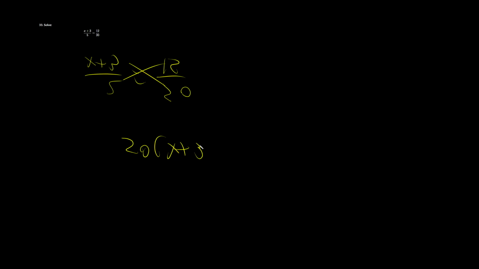Unit 1. Okay, we have x plus 3 divided by 5 equals 12 divided by 20. Cross multiply, you get 20 times x plus 3 is equal to 12 times 5, which is 60.